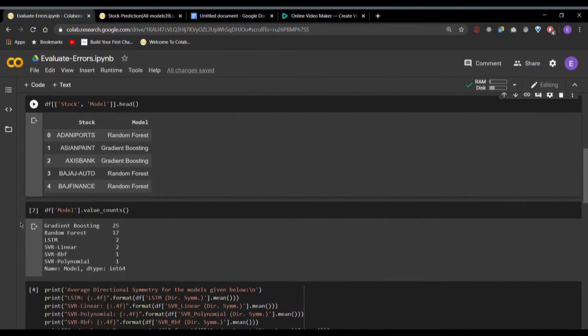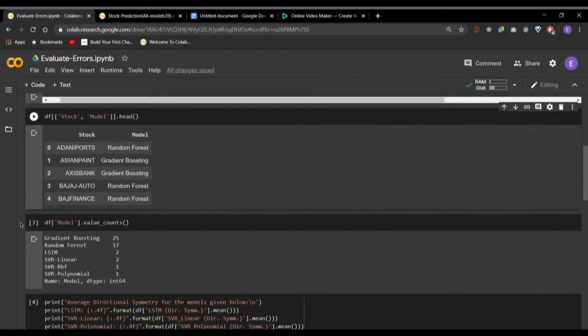If we count these values, we notice that gradient boosting outperforms the other models for 25 stocks and random forest for 17. This brings us to a total of 42 stocks out of 48, which helps us conclude that ensemble models outperform the other models for more than 85% of stocks in our dataset.